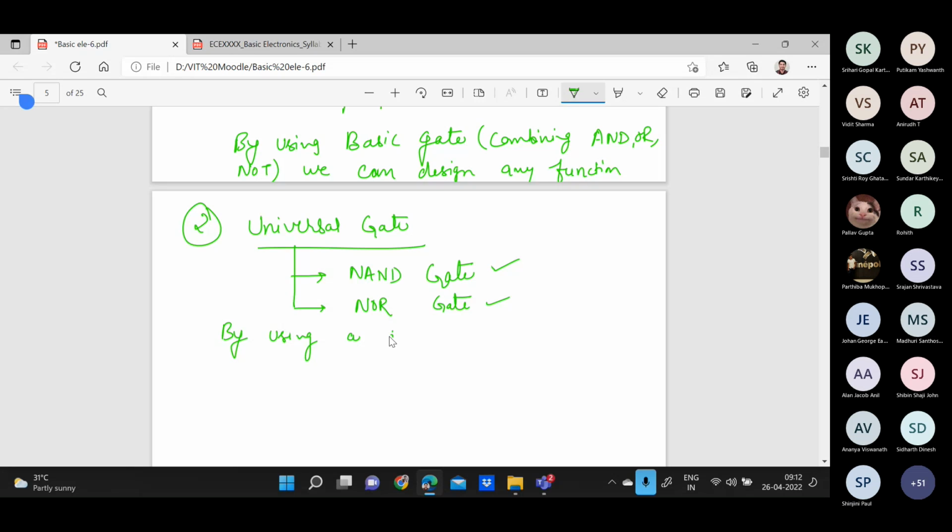By using a single type of universal gate, that means either the NAND gate or the NOR gate, we can design any function.